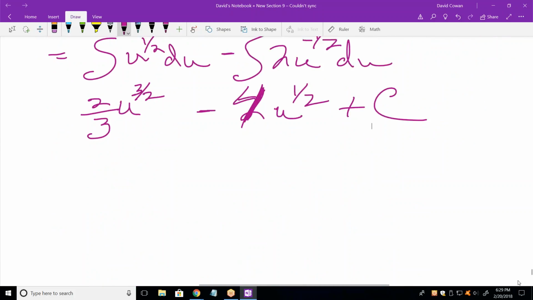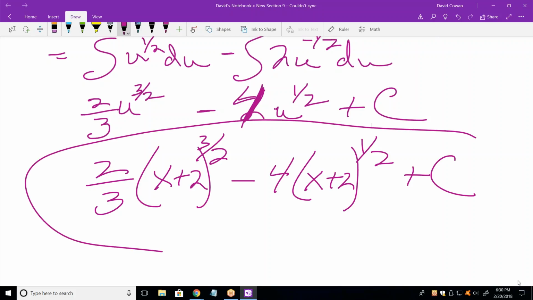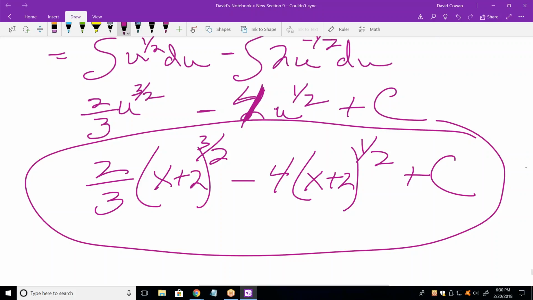So the final answer is 2/3 x plus 2 to the 3/2 minus 4 x plus 2 to the 1/2. All of it's in x. Okay. And that's the only way I know how to do that problem. I don't know of a different way.